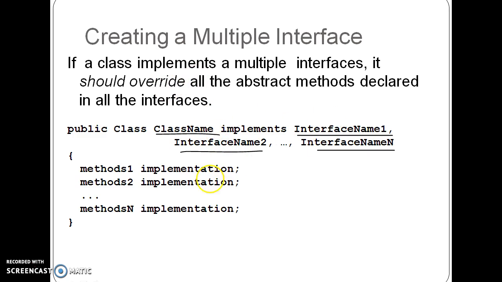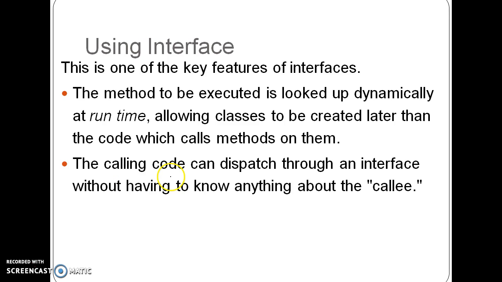In interface name 1 all the methods should be implemented, in interface name 2 all the methods should be implemented. Similarly, all the methods we are implementing should be defined inside the implementing class.